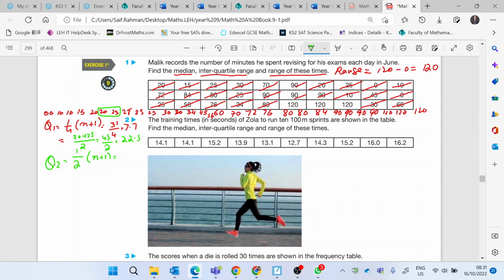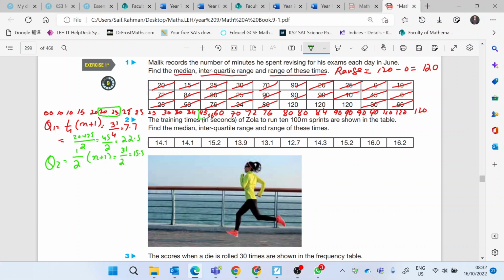Q2 will be 1 over 2 times n plus 1, here 31 over 2, which gives 15.5. So it's the mean of the 15th and 16th values, counting 8, 9, 10, 11, 12, 13, 14, 15.